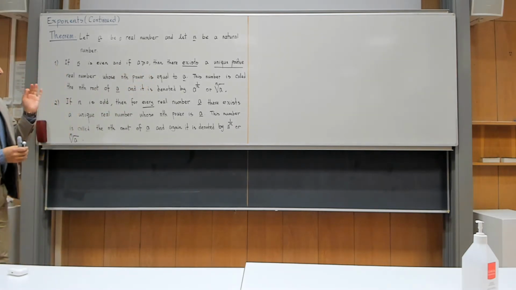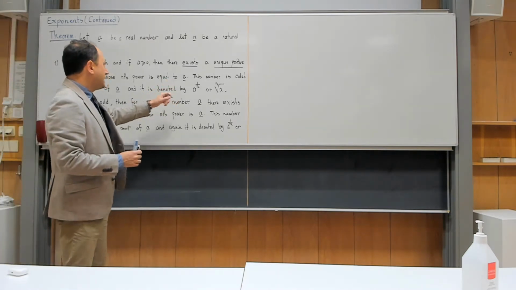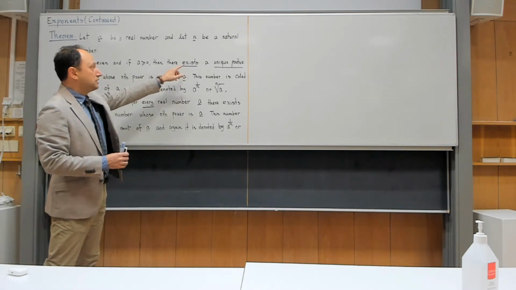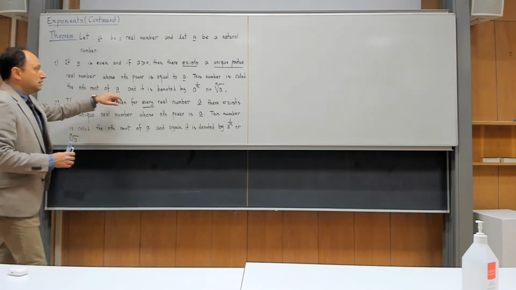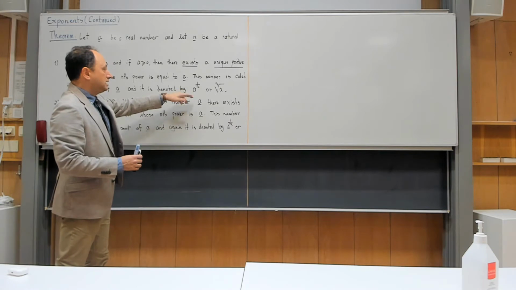Then if something exists and is unique in mathematics, it deserves a name. I can give it a name because that's a unique thing, and I call it the nth root. That number that this theorem claims to exist and to be unique, I give it a name and I dedicate a symbol for it.